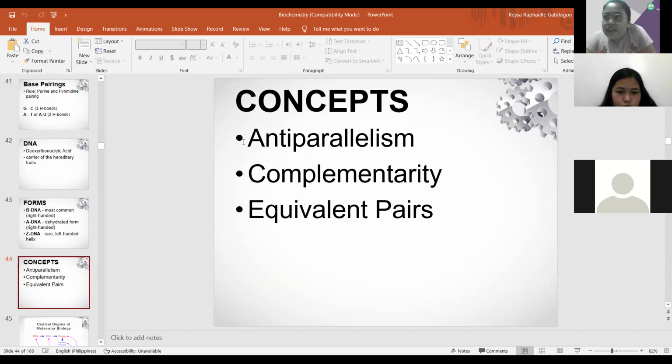And then the second strand for the double helix will start at 3'. So baliktad, anti-parallelism.